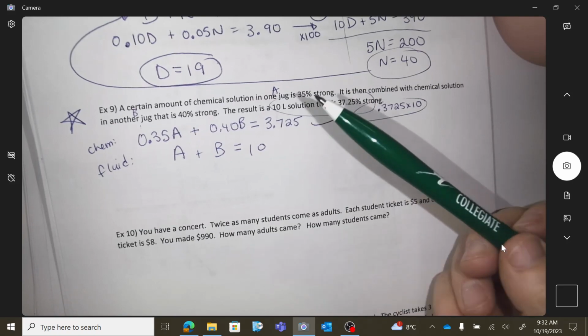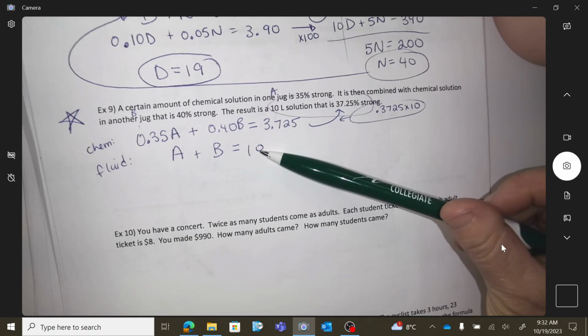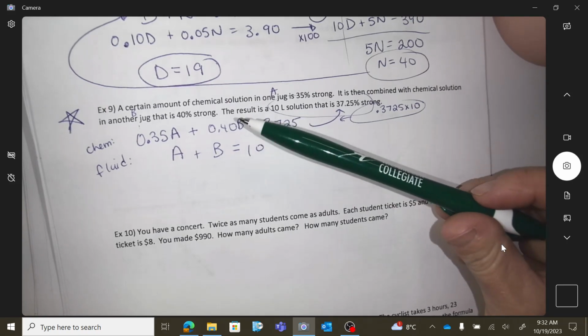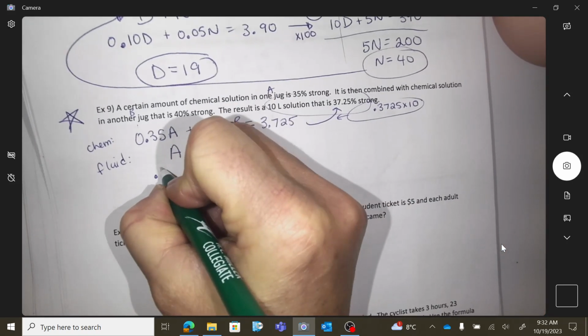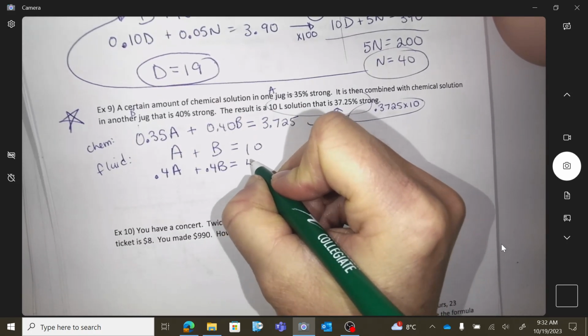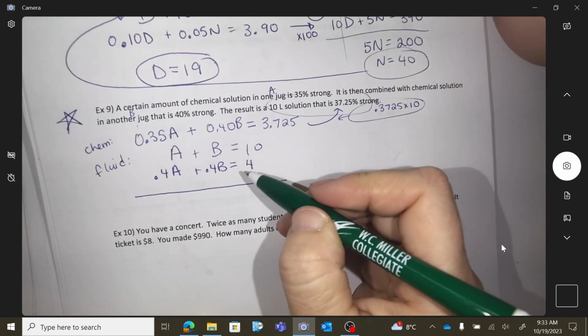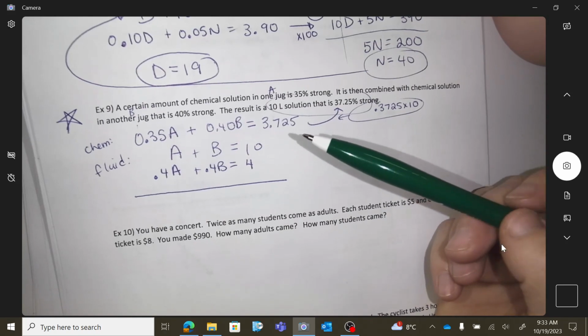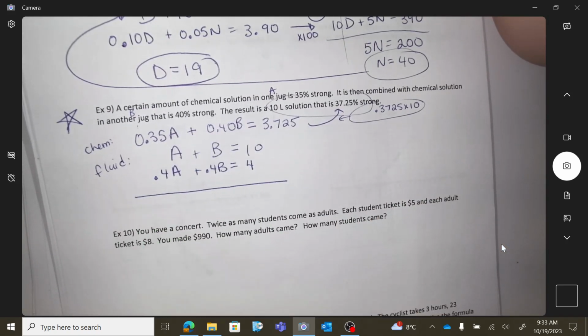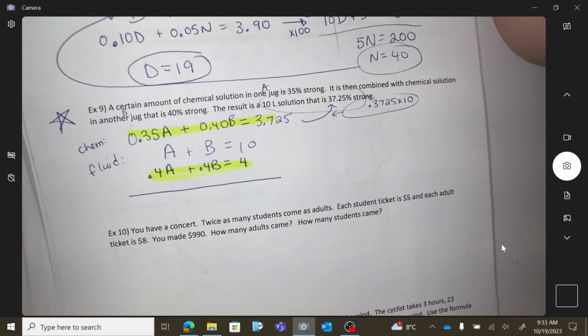Okay, you know what, we're going to work with decimals. Let's times this line by, what do you want to do, the 0.35 or by a 4? Just the 0.4, okay. So 0.4a plus 0.4b equals 4. So I'm going to subtract the lines. I'm going to subtract those two lines.